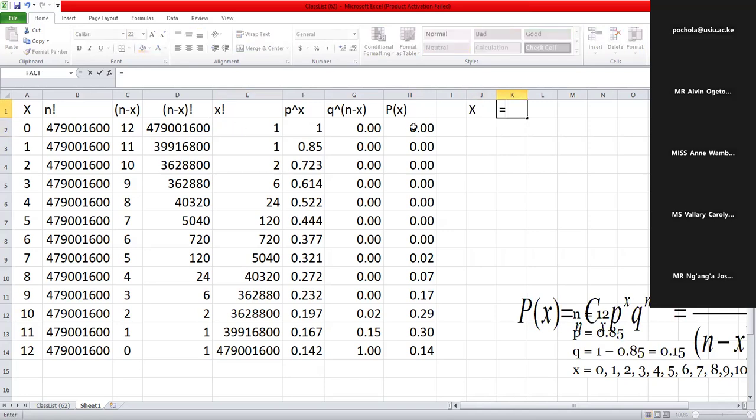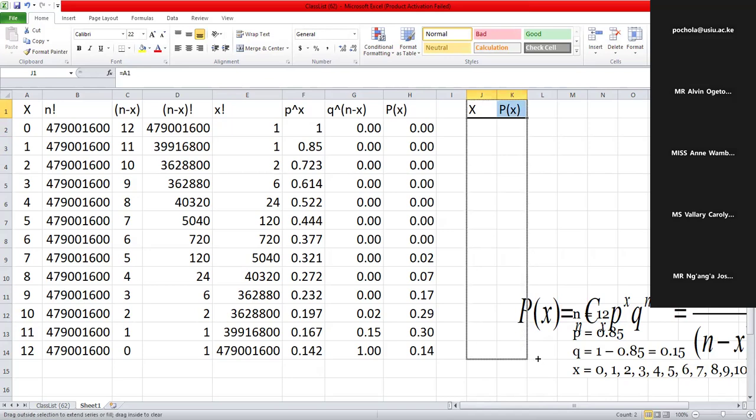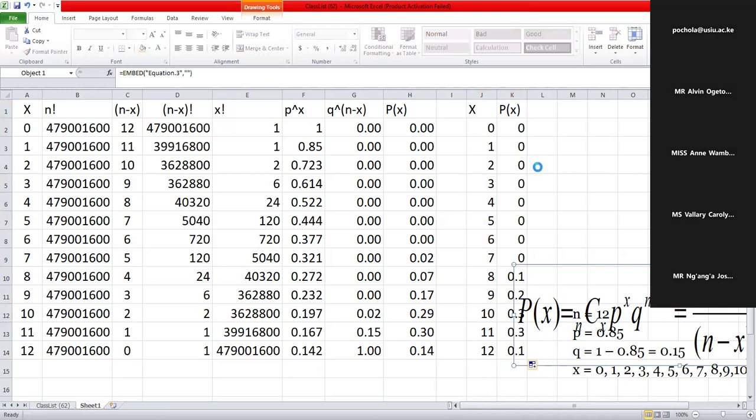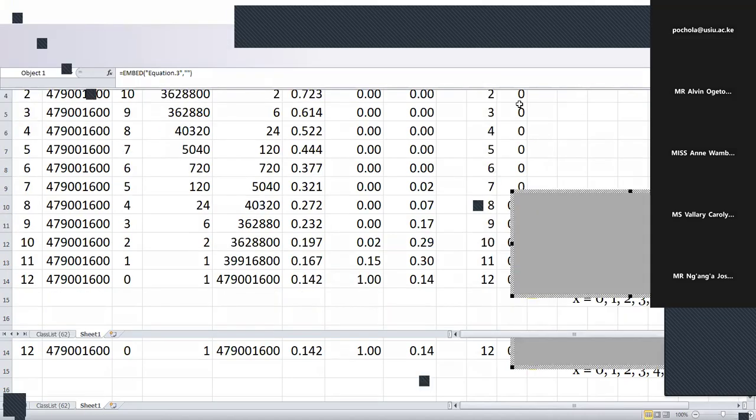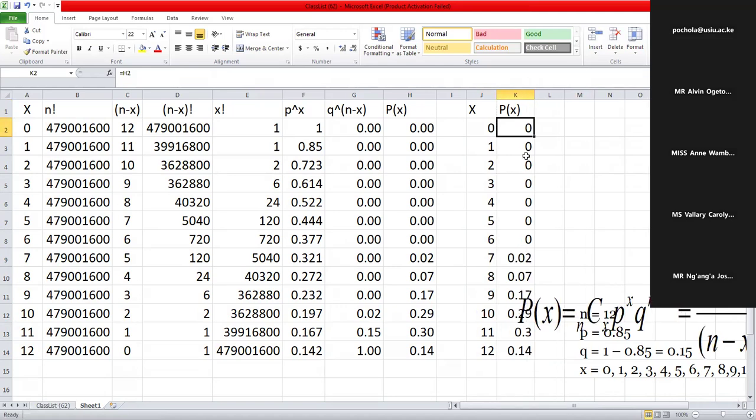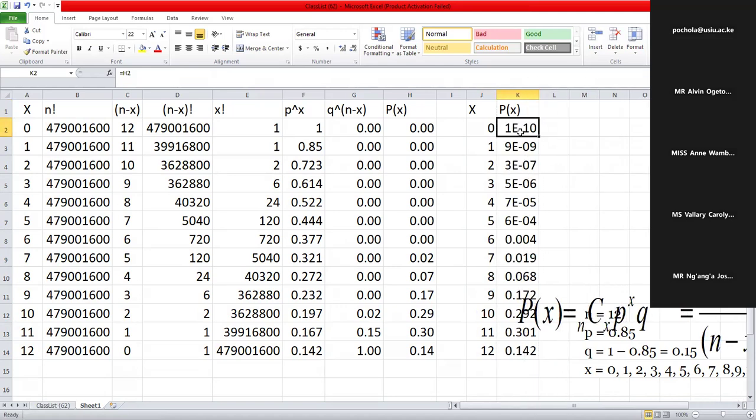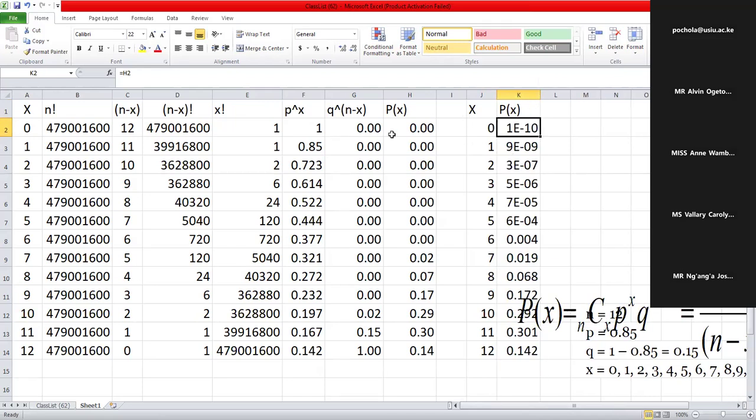The others are methodological. This last table is the one we want. This is the binomial probability distribution of the random variable x.